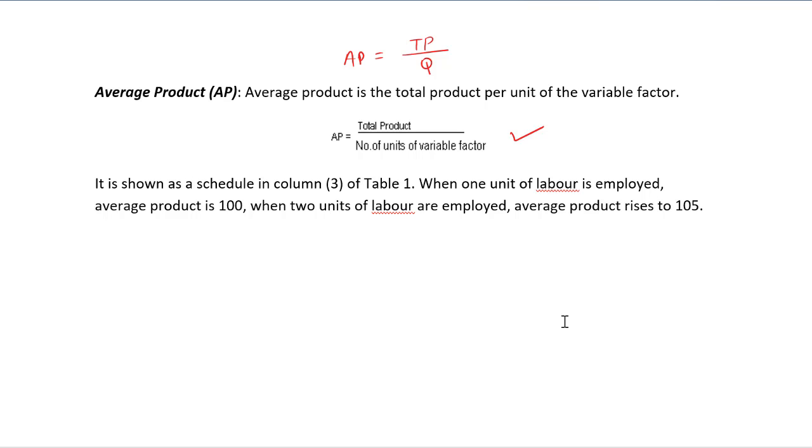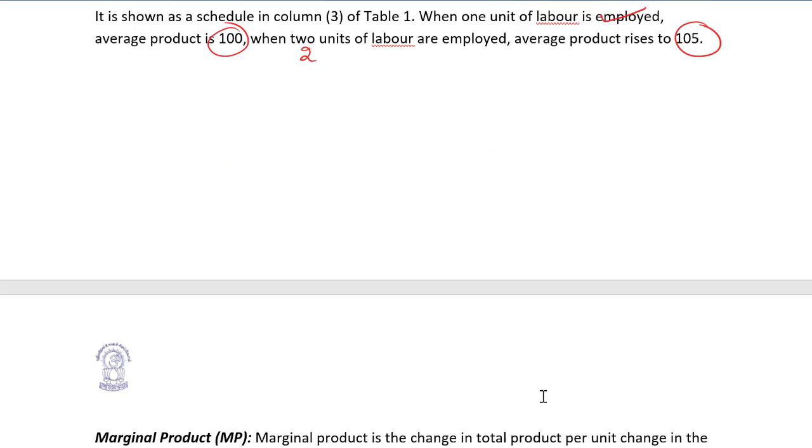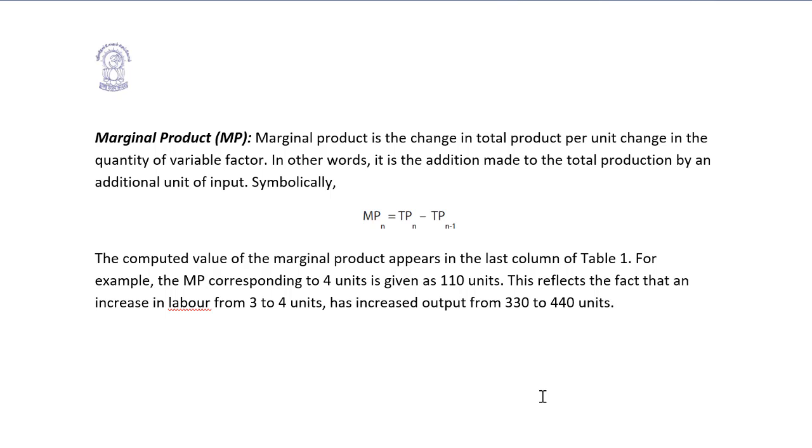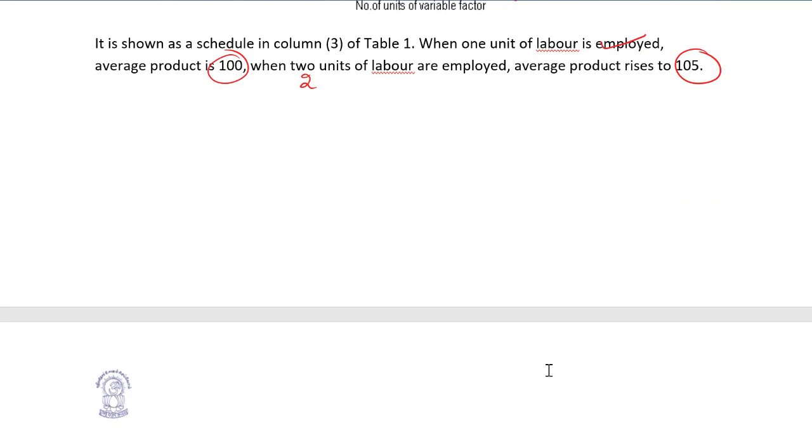As shown in the schedule in column 3, table 1, when one labor is employed, the average product is 100. When two labor are employed, the average product increases to 105, and so on. I believe you understood.